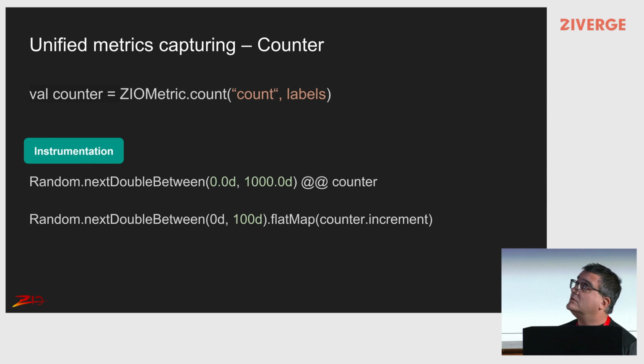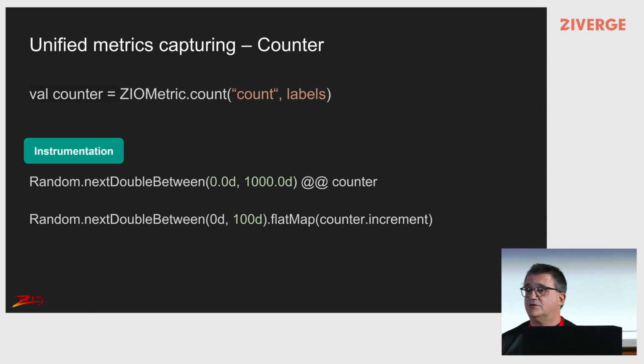What all APIs have in common is that we have to define the metric that we want to capture, in this case, a counter. We do this by calling one of the construction methods to define a metric. In this case, we just define a counter under the name of count and give it some arbitrary labels.